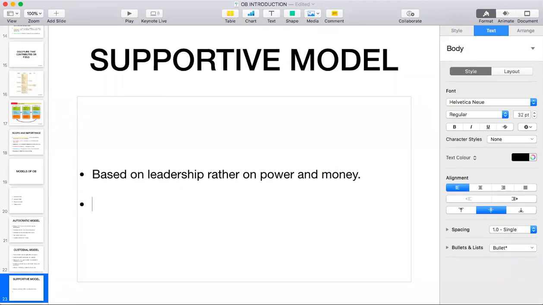And the leadership is basically helping the employees to grow and to accomplish in the interest of the organization.